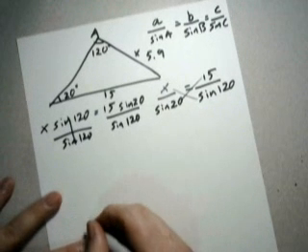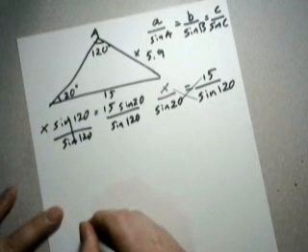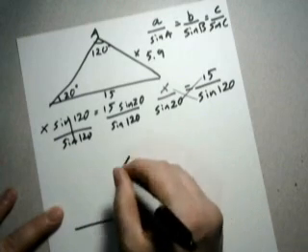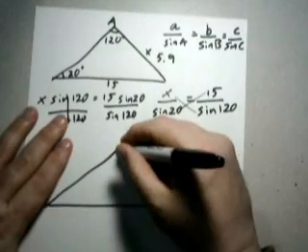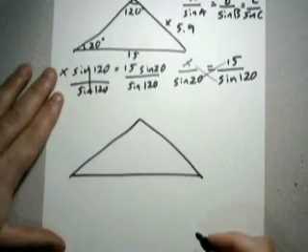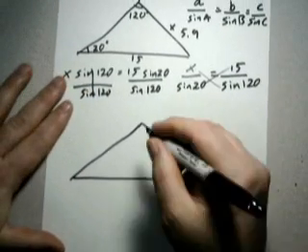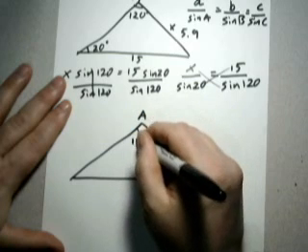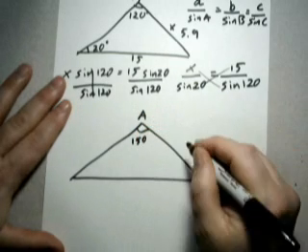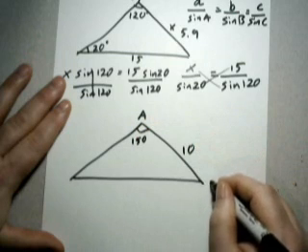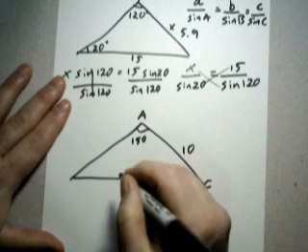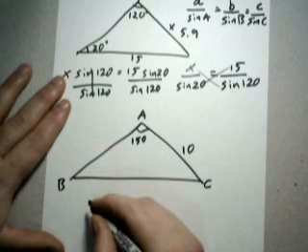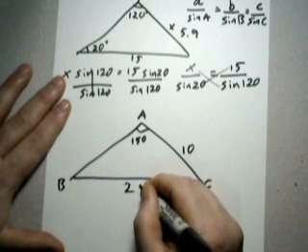Let's get that triangle. Let's see, what do we have here? Label that A. This is 150 degrees. This side is 10. This side is called C. This side is 25.